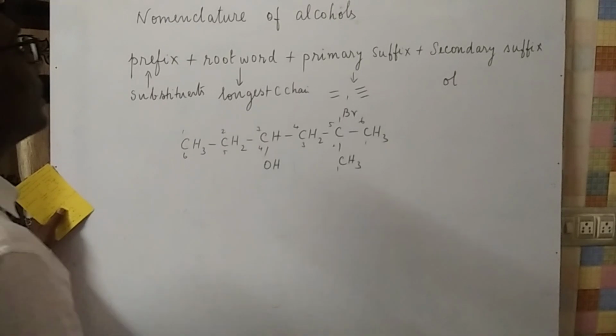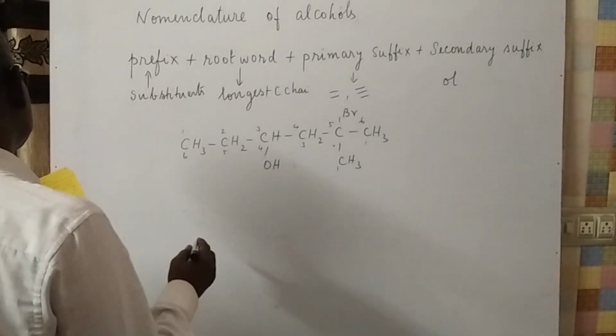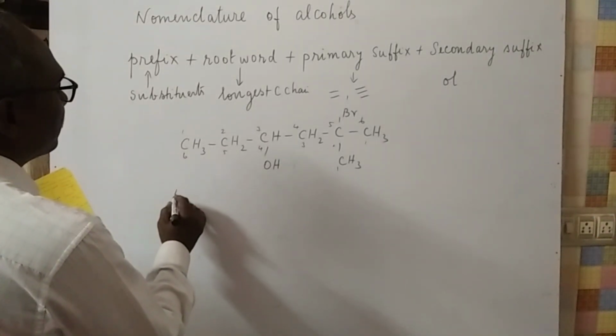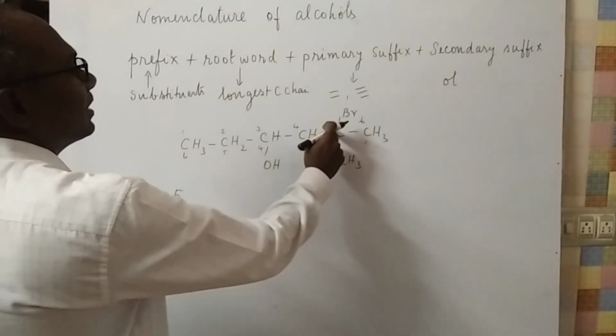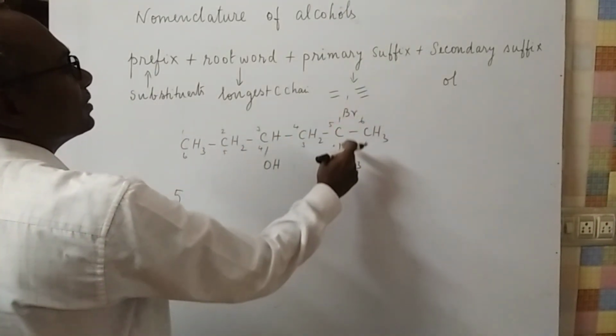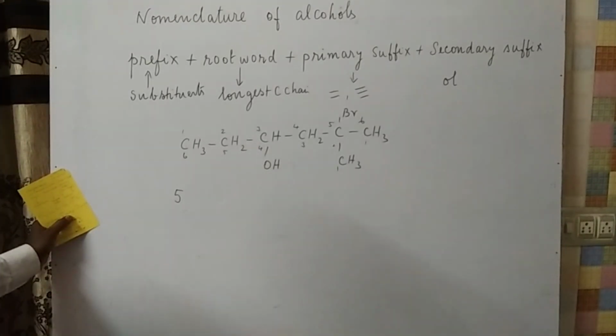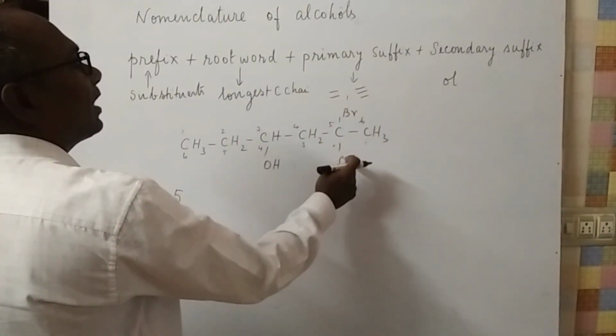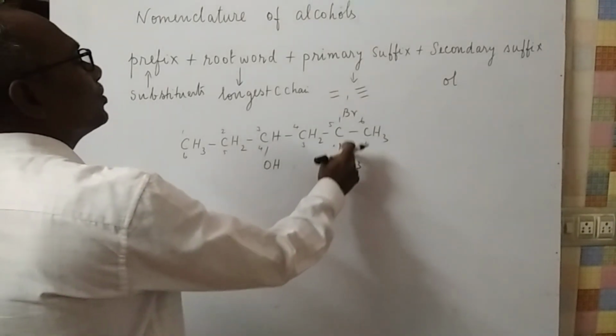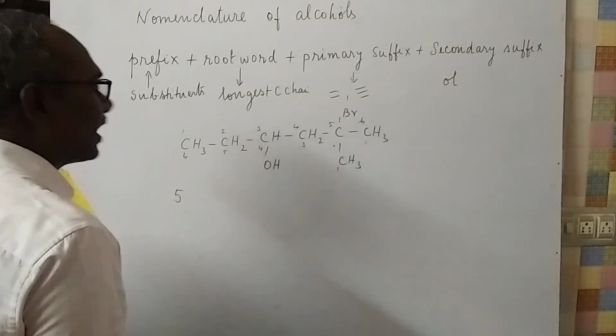So now first the substituents, that is the prefix. In the 5th carbon, a bromo group and a methyl group are attached. So bromo and methyl, you have to write in alphabetical order.